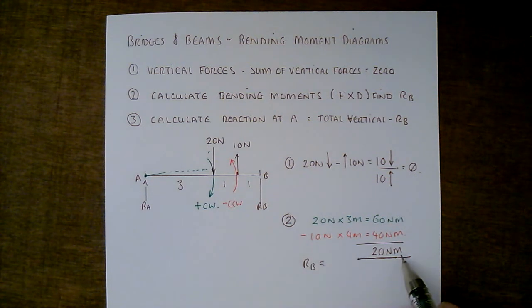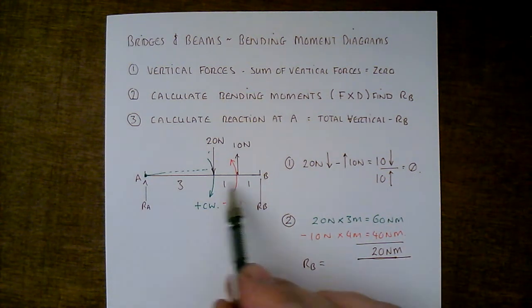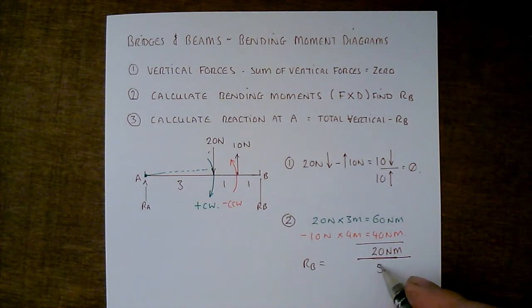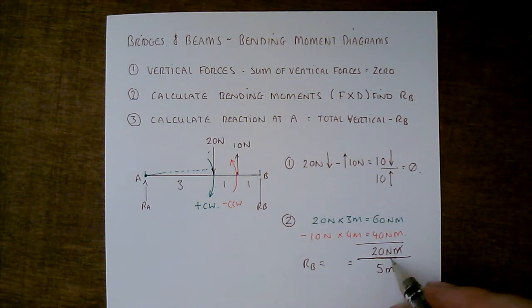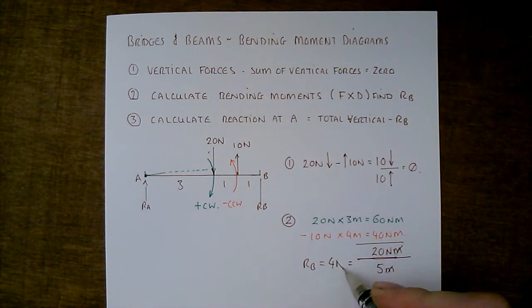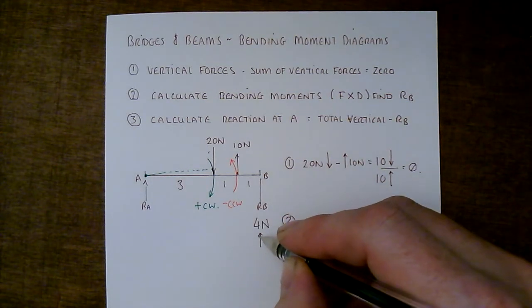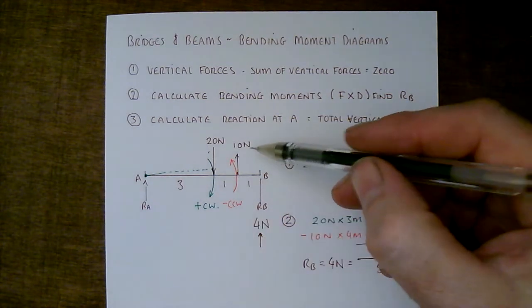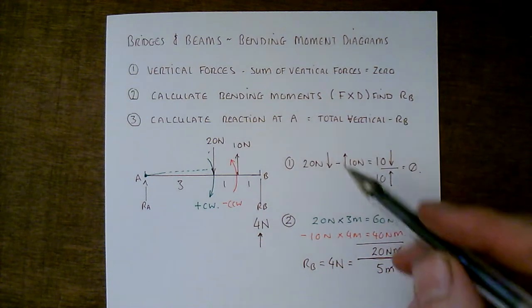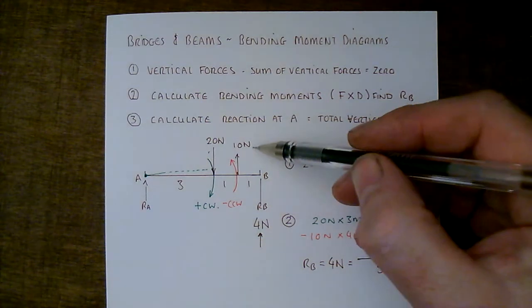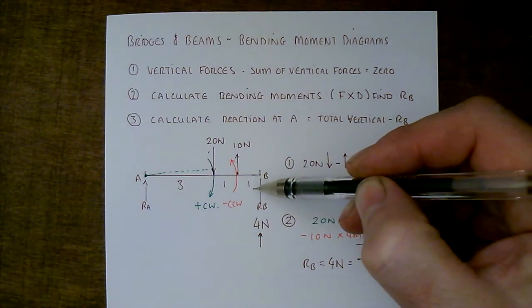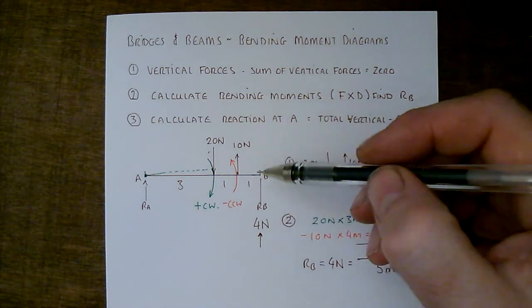that 20 newton meters of turning moment is shared over the whole beam. It's shared over 5 meters. So the result would be 5 into 20 is 4 newtons. So here I've got 4 newtons acting in an upward direction because of the result, the total of 20 newton meters acting downwards and 10 newton meters acting upwards.